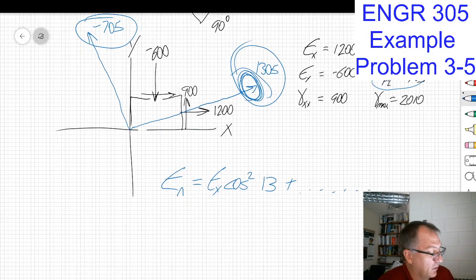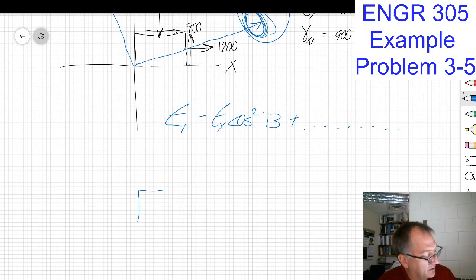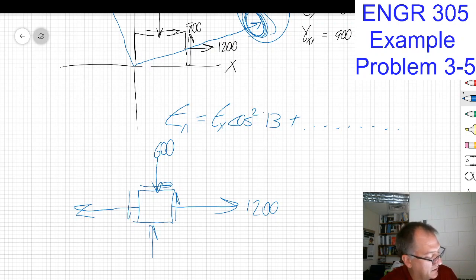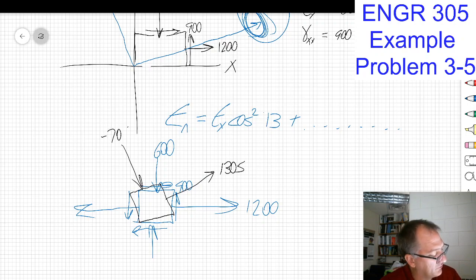So there's, in one way, our figure. If I were looking at the little block, this is in tension 1200. This is in compression 600. I've got a shear of 900, and then I'm going to have another shape which is 13 degrees off, and if I go this way, I'm at 1305, and if I come that way, I'm at negative 705.